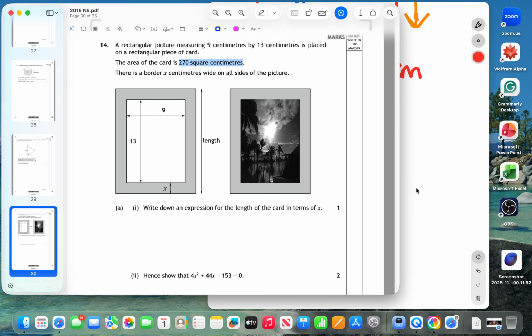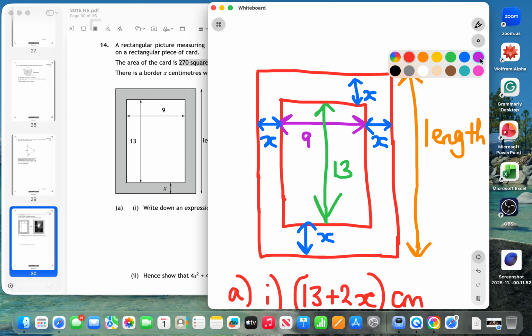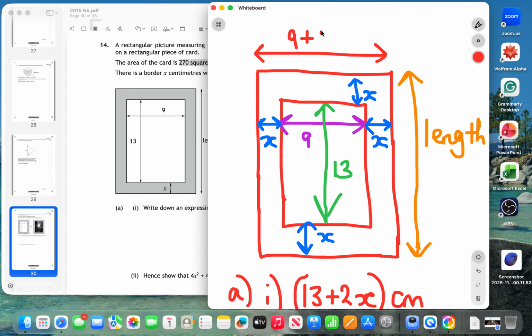So we know the length, but the other dimension is 9. We'll say that the width of the entire card is this distance, and it's 9. So that's 9, there's X and another X. So that would be 9 plus 2x is the width.